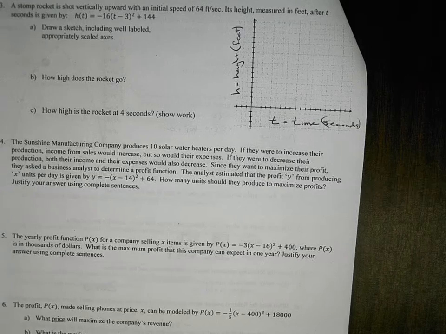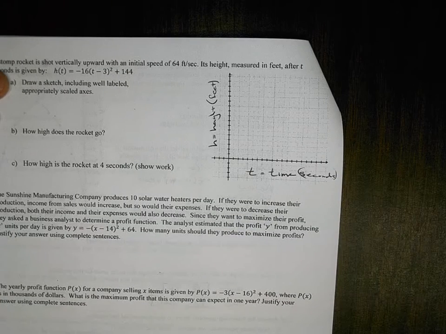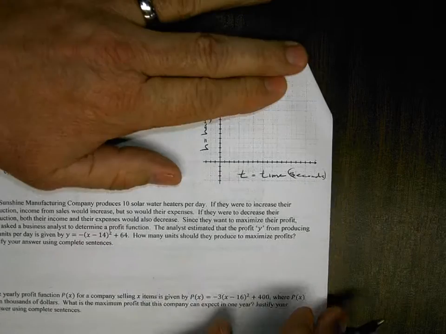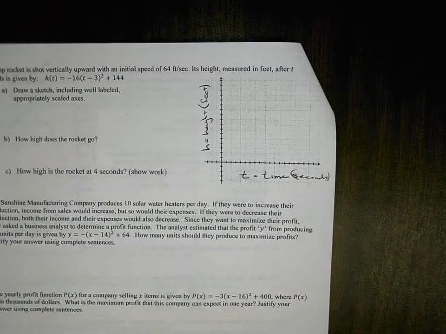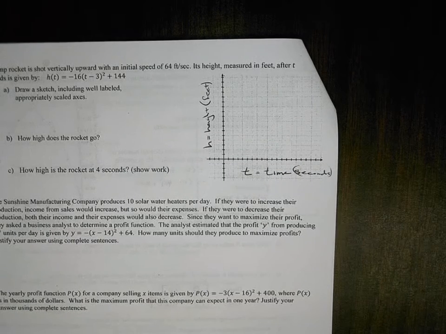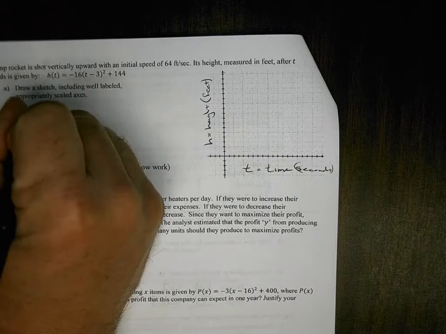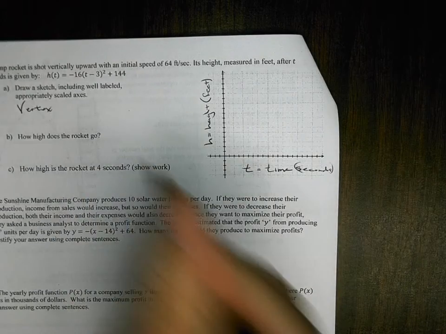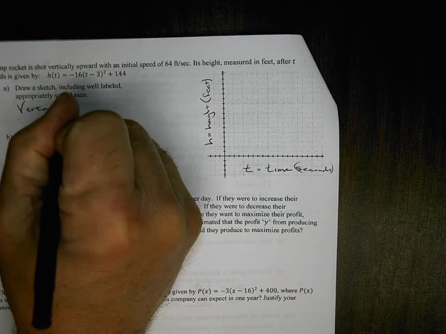Okay, what do we got here? Well, let's just get down to it. What is our vertex in this graph? What we've done so far to graph parabolas, and it's not what we'll always do, but a good way when it's in vertex form, is to identify your vertex, which is 3, 144. Excellent.